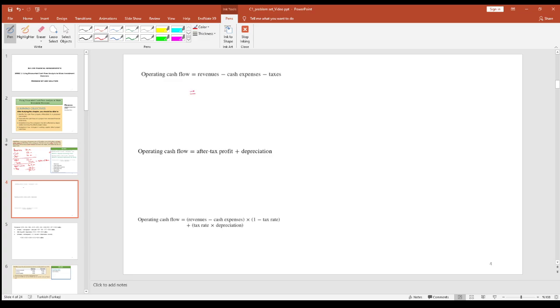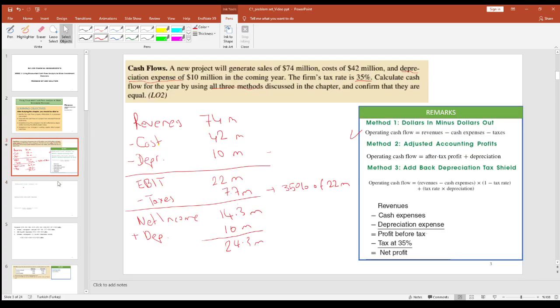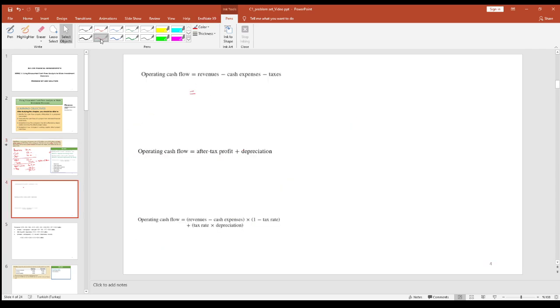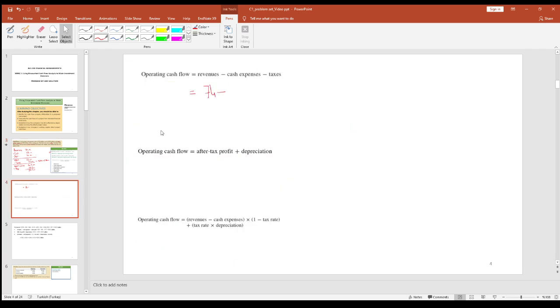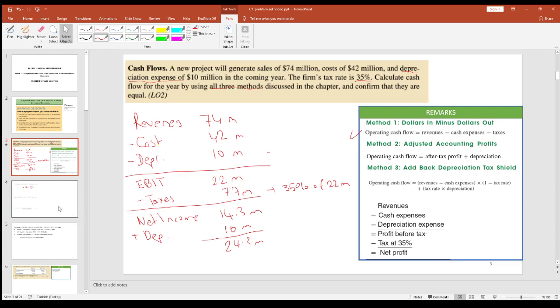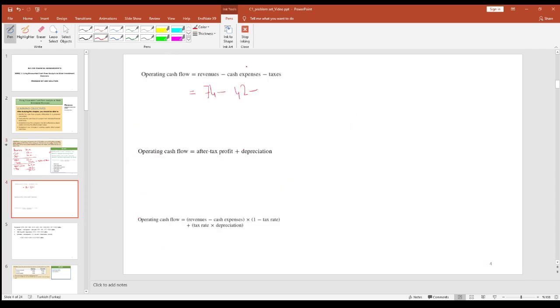Revenue, remember, is 74 million, minus cash expenses. The only cash expense given in this problem is 42 million, minus taxes, 7.7 million. So the result of this will be equal to 24.3 million. This is the first one.